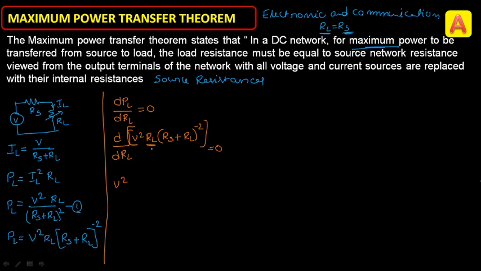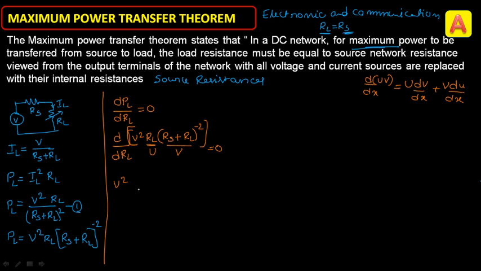We are considering RL as U and (RS plus RL) whole power minus 2 as V, and applying the formula d by dx of UV, which is equal to U dV by dx plus V dU by dx.